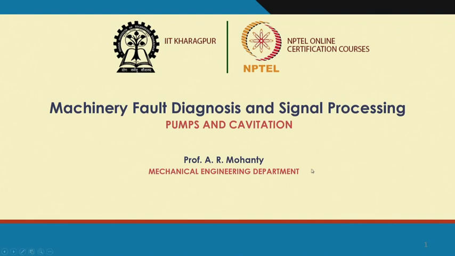And of course, with pumps, there is a phenomenon associated, which is cavitation, and how all these help us in monitoring the condition of a fluid machine, be it a pump and so on, by monitoring the vibration due to cavitation, and we will understand what this cavitation is and so on.